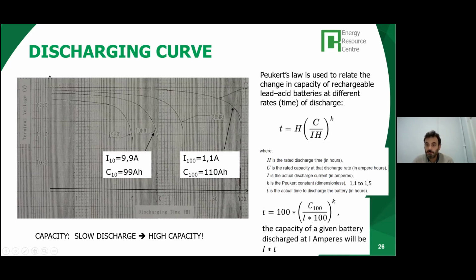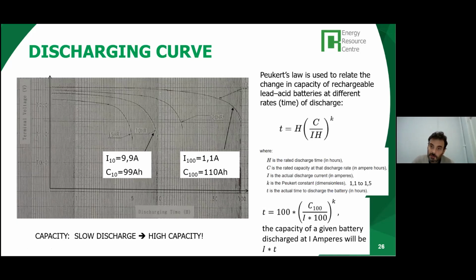And this is the formula. If we know the capacity of a battery at the 100 hours discharge rate, this is the formula we can use to know what will be the discharge time if we apply whatever discharge current to a battery.